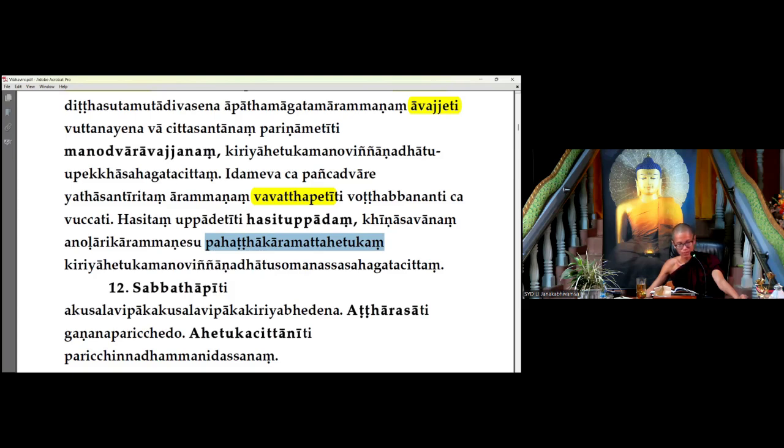Anolarika Aramanesu. Aramanesu is in the object. Anolarika means not olarika. Olarika is gross. Not gross means subtle. In a subtle object.